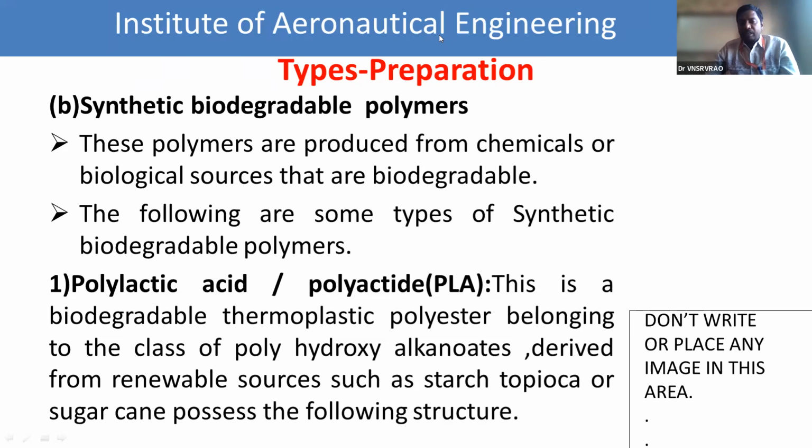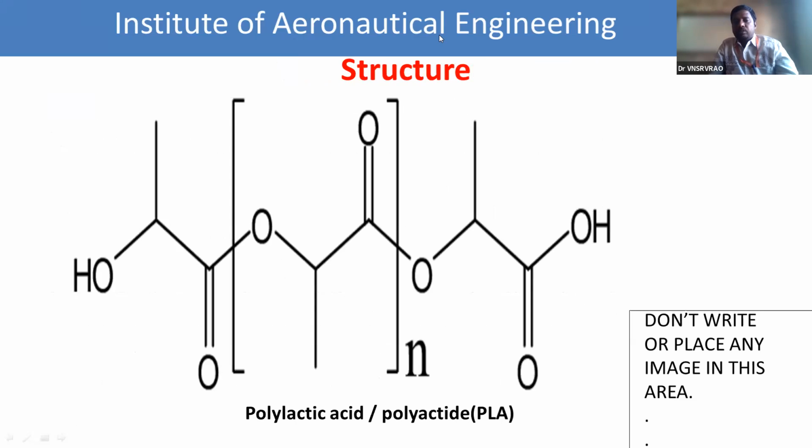And it is derived from renewable sources such as starch, tapioca or sugarcane, and possesses the following structure. See in the structure there is a presence of OH group, and this is a group for alkanes, and this is a ketonic group, one of the carbonyl compounds.